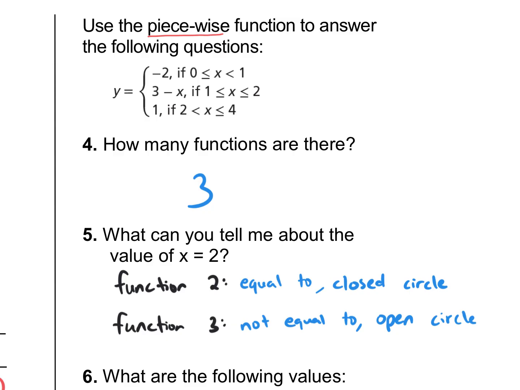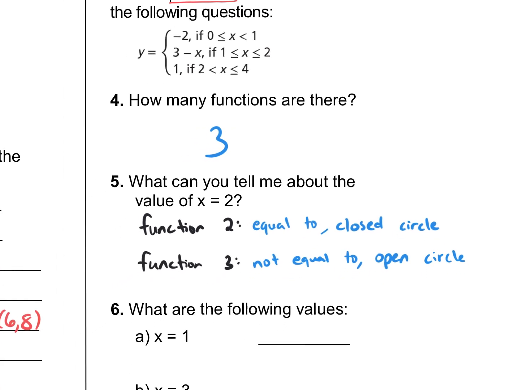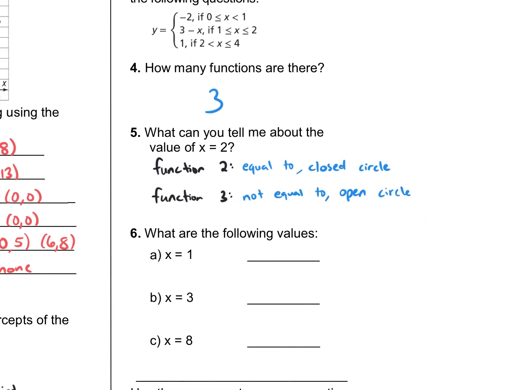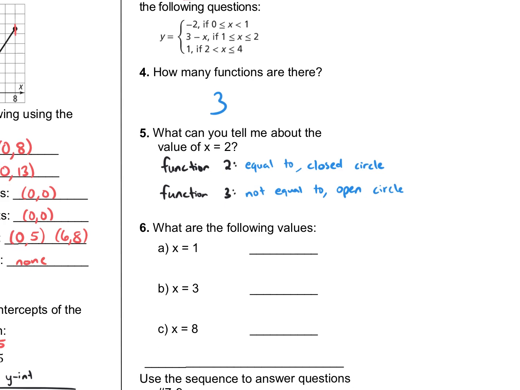Okay. Number 6. It tells us what are the following values. So it gives us 3 x values, and we want to figure out what their y value would be if we plugged it in. Okay, so x equals 1. You're asking yourself which interval that falls in. So looking up above, is 1 between 0 and 1? It is, right? So we have 1 here. Is it equal to there?